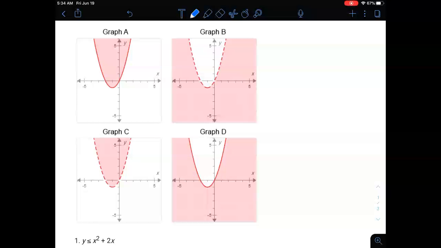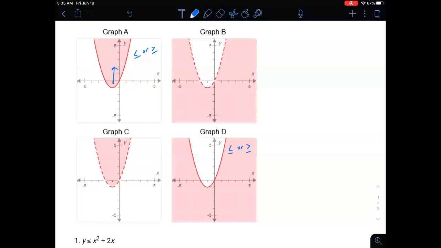So I can point out a couple things here. All right, so this is a solid line and this is a solid line. So this automatically is greater than or equal to, less than or equal to. And for me, I can notice here that this is included. It's above.